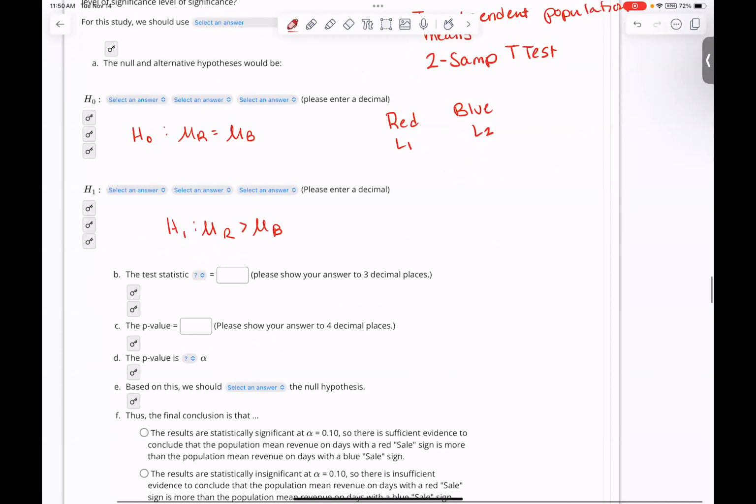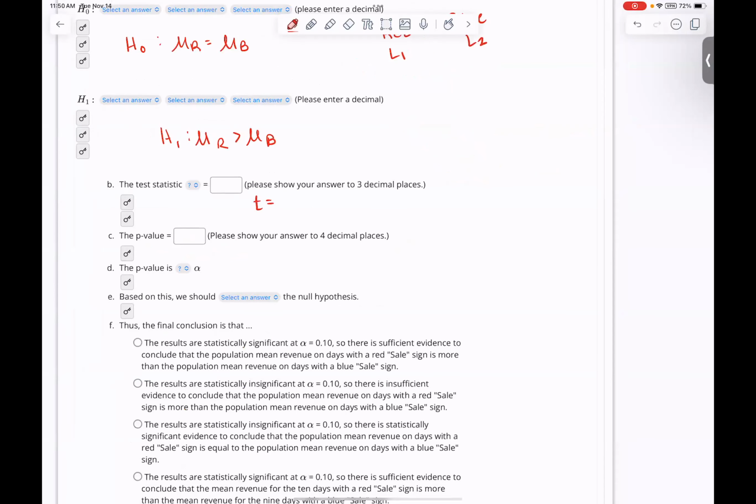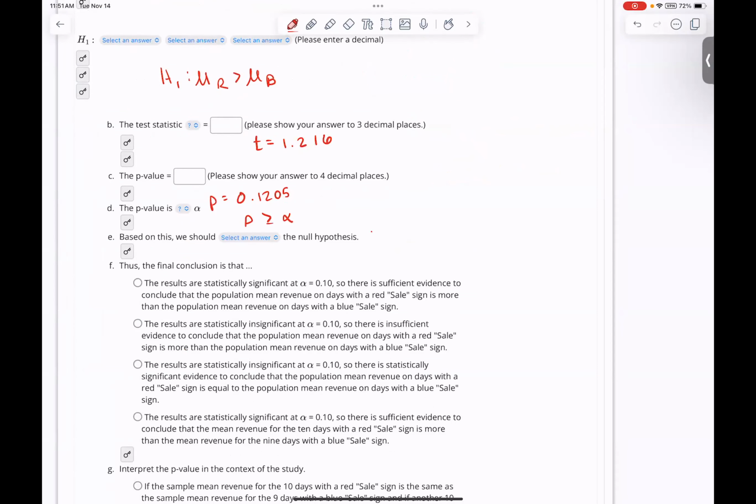My t statistic is 1.216. My p-value is 0.1205. So my p-value is greater than or equal to my alpha, so we're going to fail to reject.